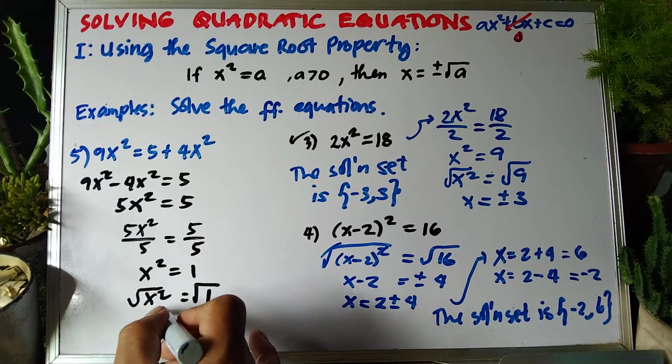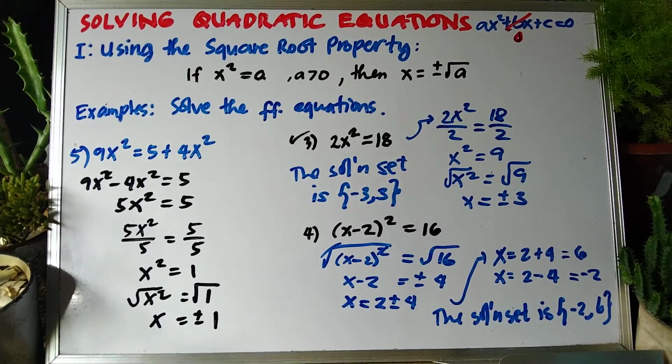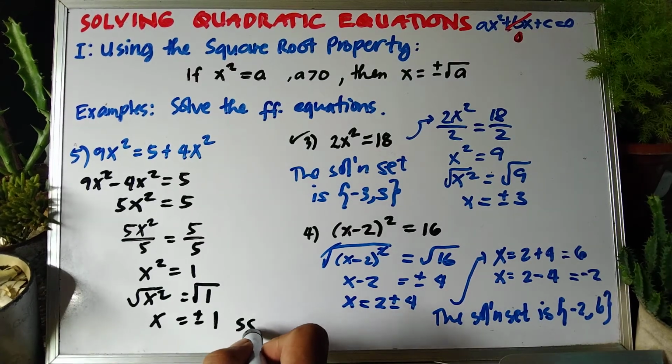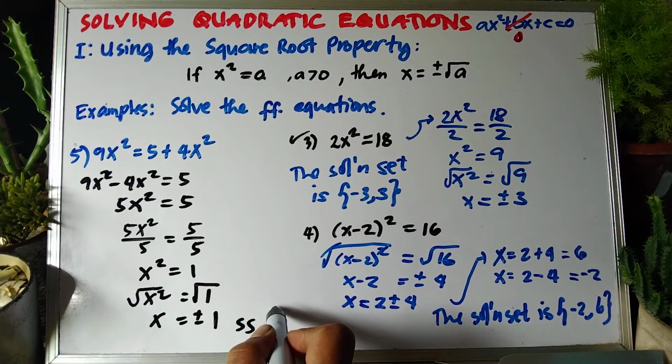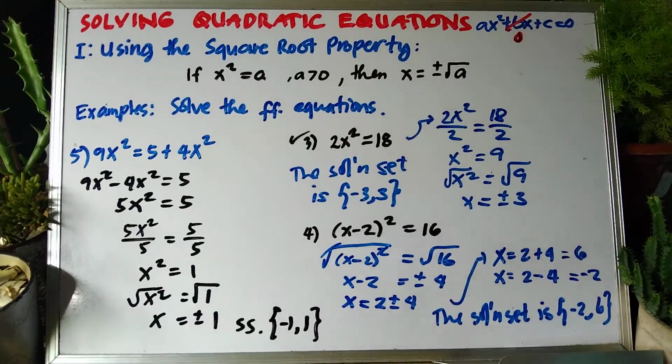So, this becomes x is equal to positive negative 1. Correct? So our solution is the set that contains negative 1 and 1. I hope may na-learn kayo dito in solving quadratic equations using the square root property.